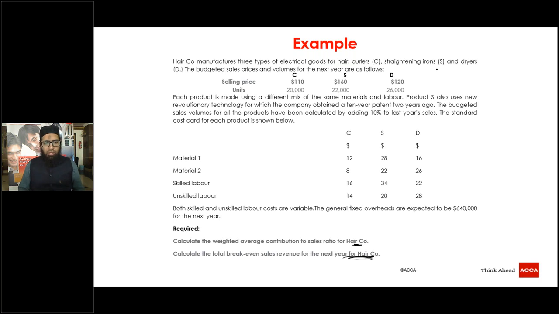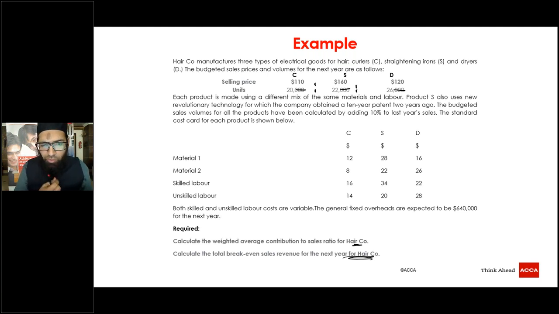So first of all, we have to assess what the constant mix is. For this, we will be making a ratio. We have 20,000 units of C, 22,000 units of S, and 26,000 units of D. If I cancel out the three zeros, my ratio will be 20, 22, and 26.